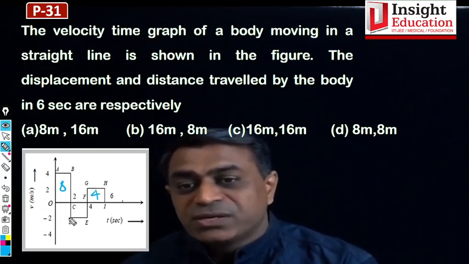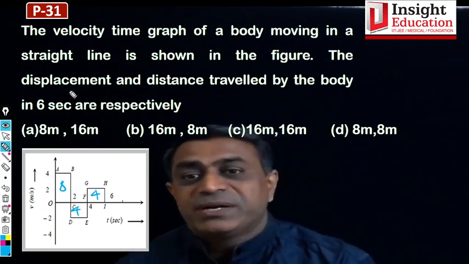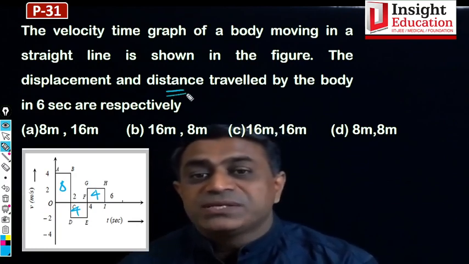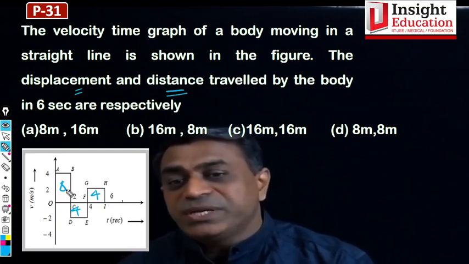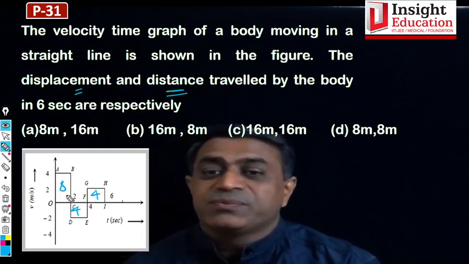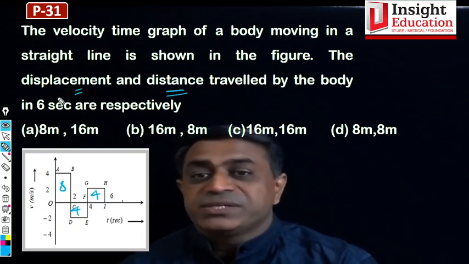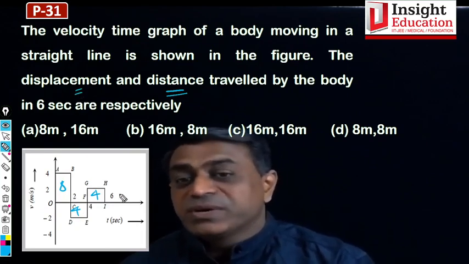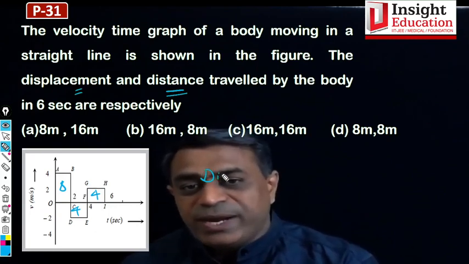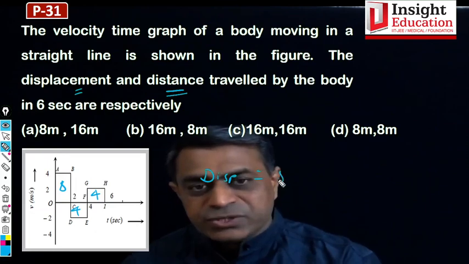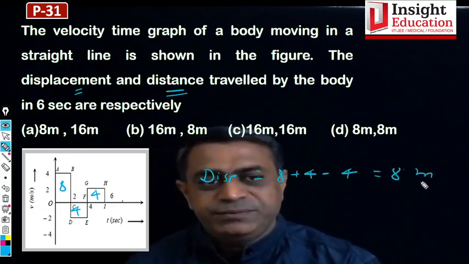Distance is always positive, but for displacement, if the area is positive you consider it positive, and if the area is negative you consider it negative. For displacement we consider the net area: 8 plus 4 minus 4, so that is 8 meters.